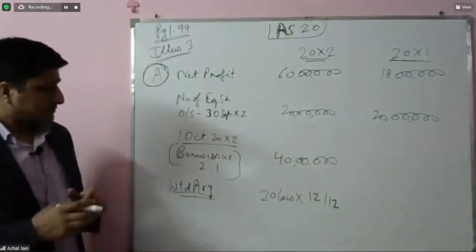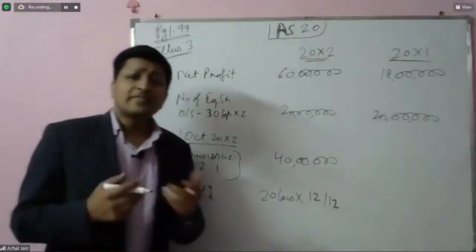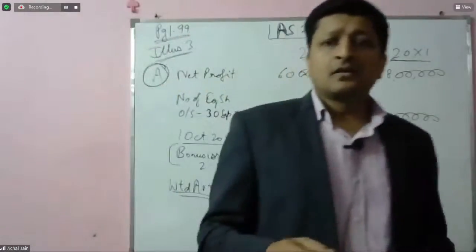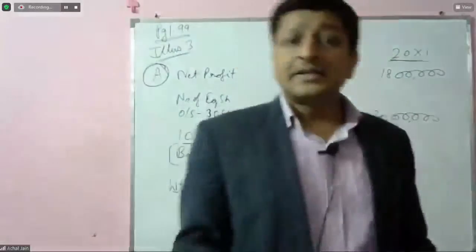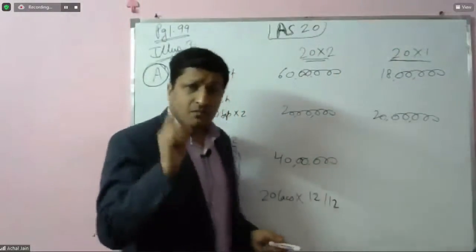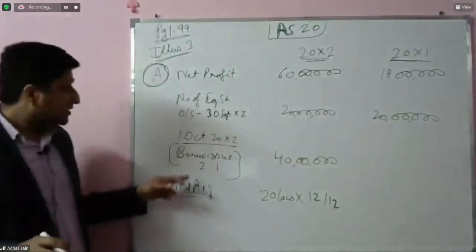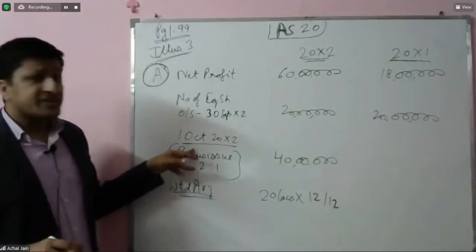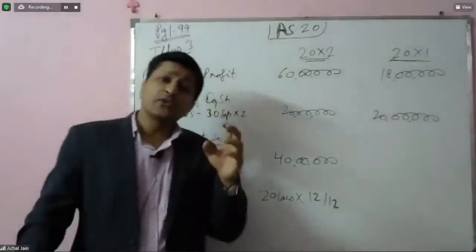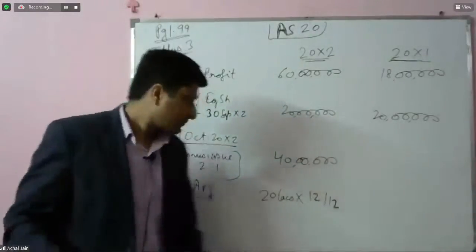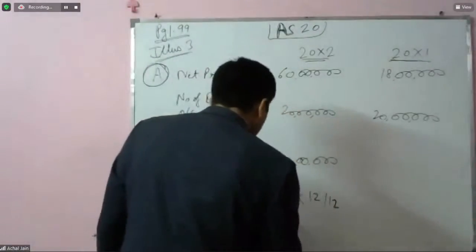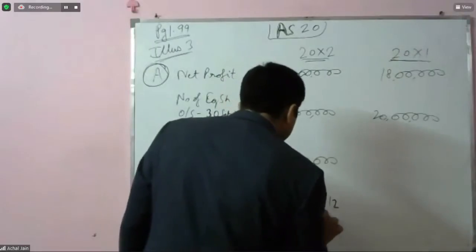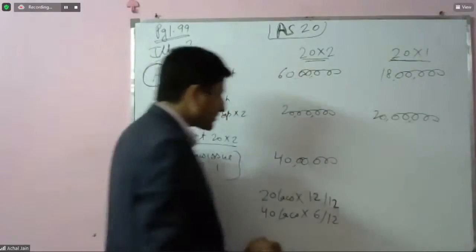Now we may think that 40 lakh is the number of shares which has come on 1st of October, so we should consider this for only 6 months.